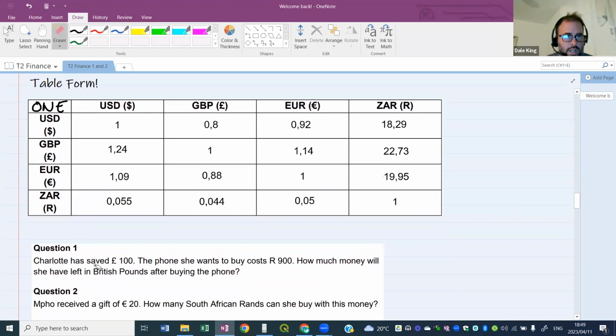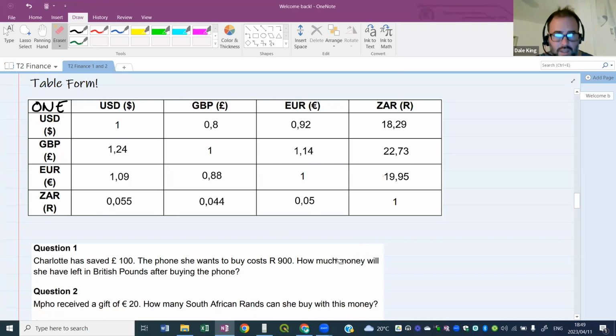It says, Charlotte has saved £100. The phone she wants to buy costs 900 Rand. How much money will she have left in British pounds after buying the phone? So there's a transaction that happens. She takes the 900 Rand and tries to buy this phone with £100. First of all, let's check: can she even do it?